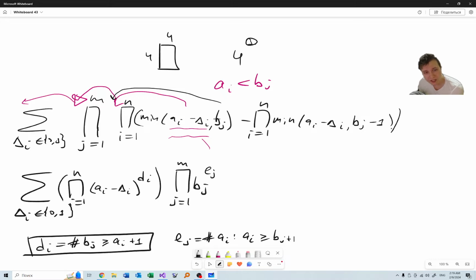Okay, what we have now in this product? In this product, we simply have a_i minus delta_i several times. So we have equal numbers. Yeah, we have equal numbers. Let's call them somehow. So let's call f_j equals number of a_i's such that a_i equals b_j.